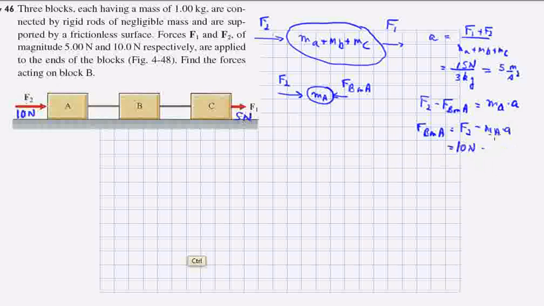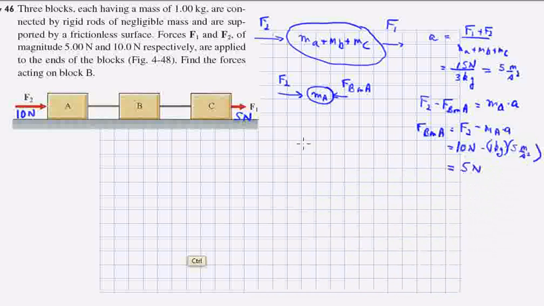Minus M_A, 1 kilogram, times the acceleration, 5 meters per second squared. So this is 10 newtons minus 5 newtons, which is 5 newtons, and therefore F of B on A is 5 newtons.